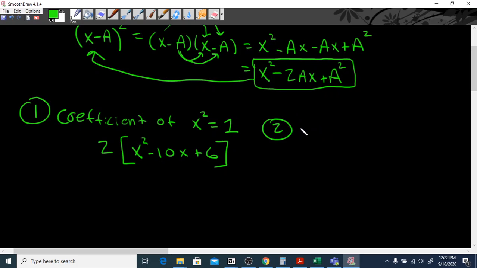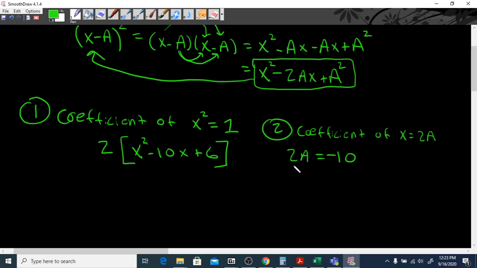So then, next, notice that in our guide here, the coefficient of x is 2a. So in our problem, if I match them up, 2a is going to be negative 10.